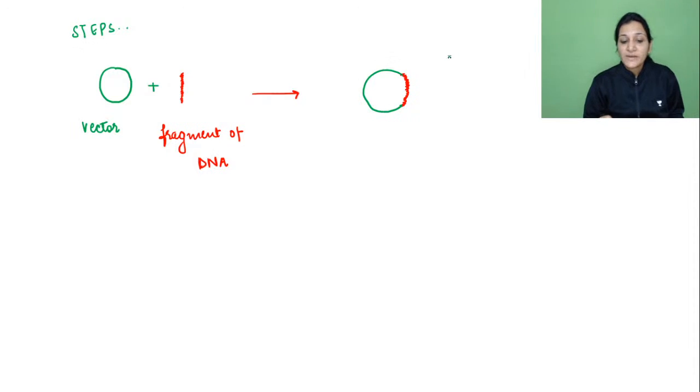This is how recombinant DNA molecule is obtained. rDNA molecule. After obtaining rDNA molecule, it will be introduced into the bacteria where it can be multiplied.